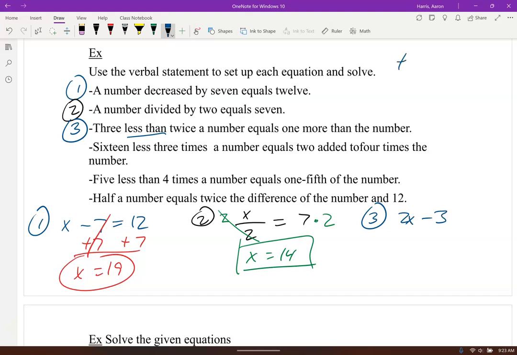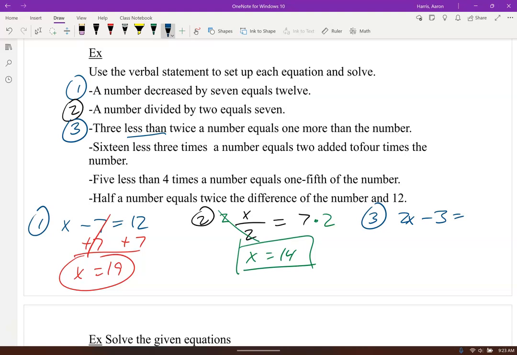It's kind of like 3 less than 4. 3 less than 4 is 4 minus 3. 3 less than 4 is 1. All right? So 3 less than twice a number is 2 added to 4 times the number is 2.